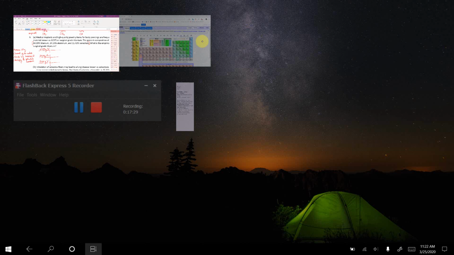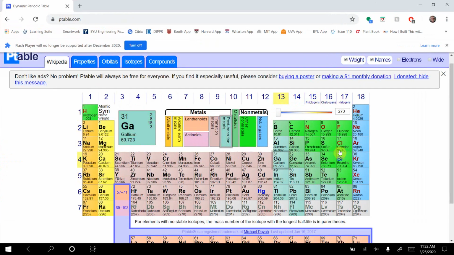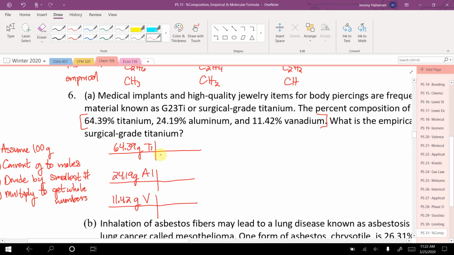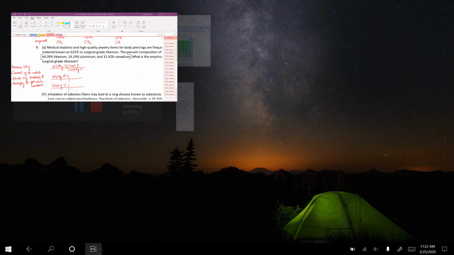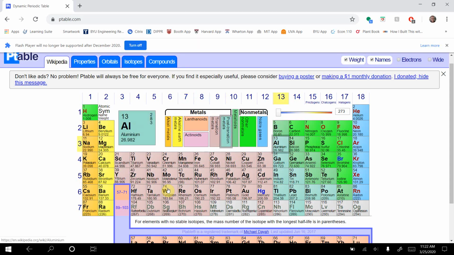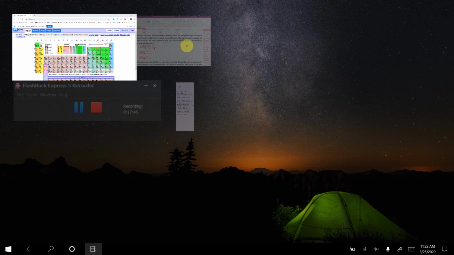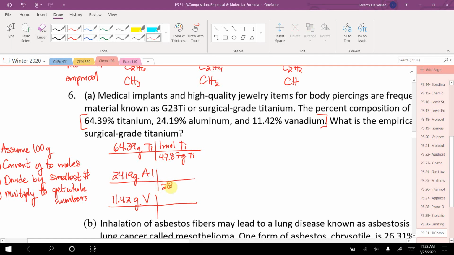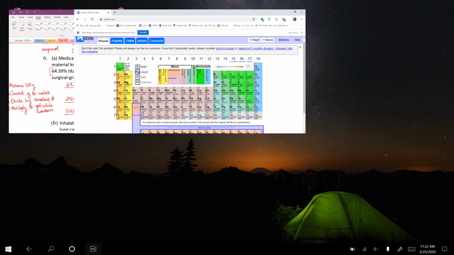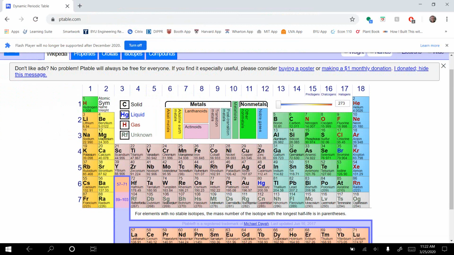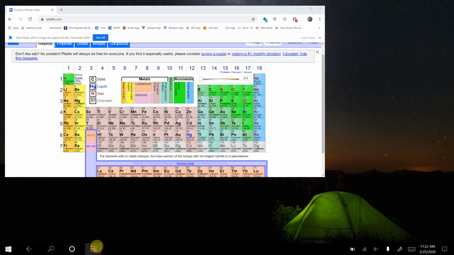Okay, so titanium's molar mass is 47.87. Aluminum's molar mass is 26.98. And vanadium's molar mass is 50.94.